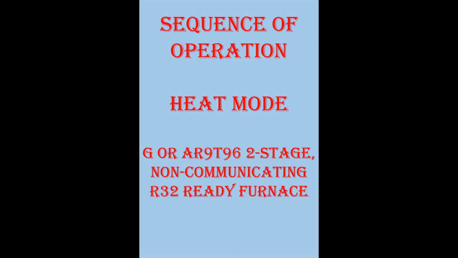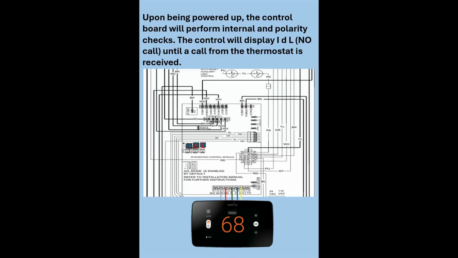And as we said before, this is the sequence of operations heating mode for the G or AR9T96 2-stage non-communicating R32 ready furnace. Upon being powered up, the control board will perform internal and polarity checks. The control will display idle, no call, until a call from the thermostat is received.